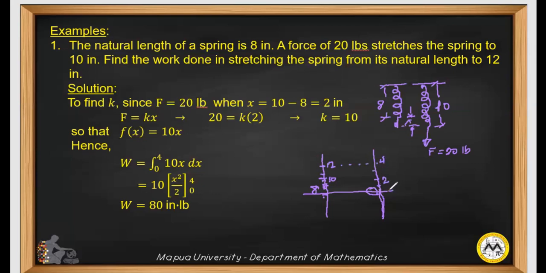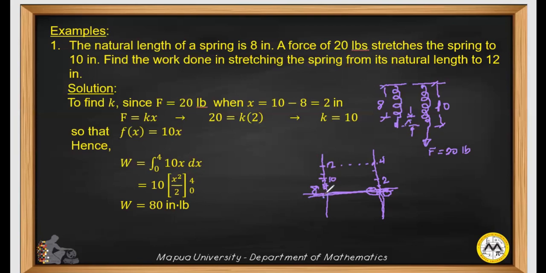Therefore, the limits of integration will go from 0 to 4, not from 8 to 12. If you have it as the integral from the lower limit 8 to the upper limit 12, that is not the correct way of finding the limits of integration.